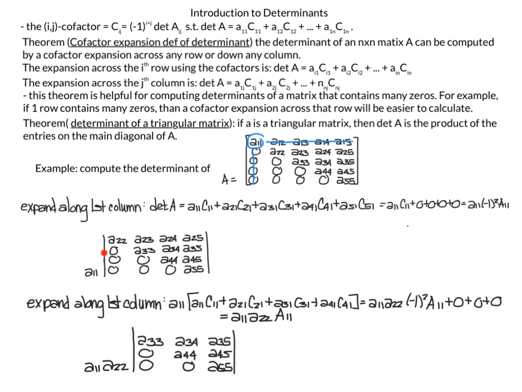So here I have the determinant signs as well. So next, looking at this, again, I'm going to expand along the first column. So I have my A11 here. And now I'm going to use my formula to expand along the first column.